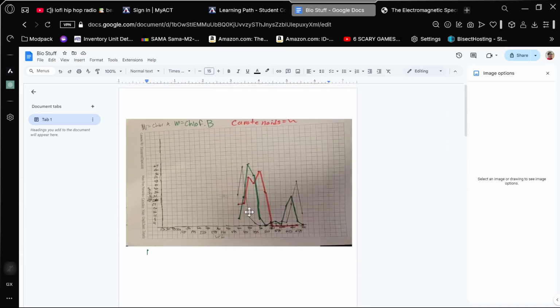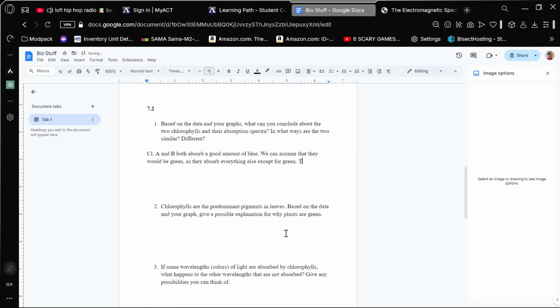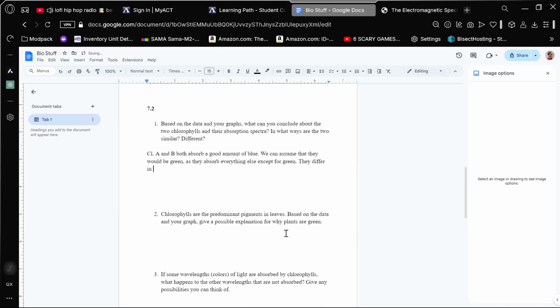And they're different because they differ in how they absorb, or in what intensity different colors are absorbed.